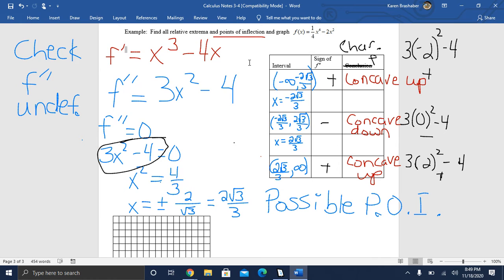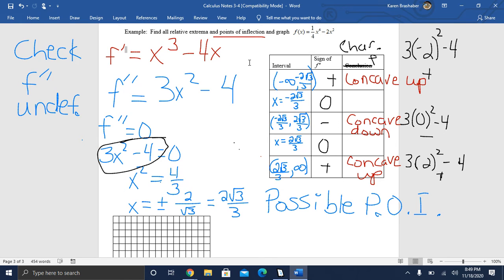And then if you want, or if you're required to, the sign of f double prime for those possible points of inflection, those were both zeros. Those were what made the second derivative equal to 0.